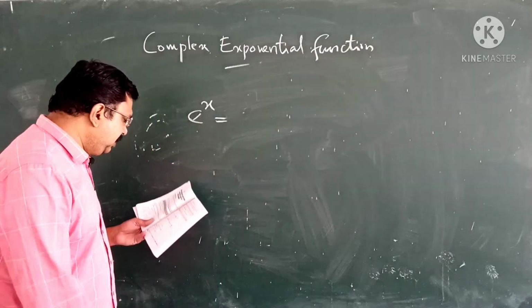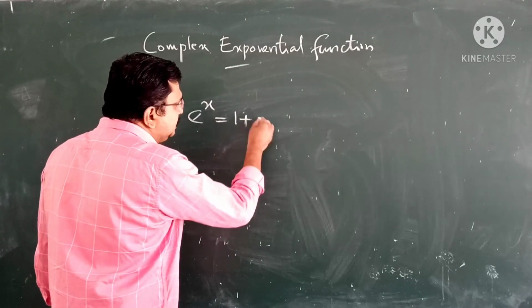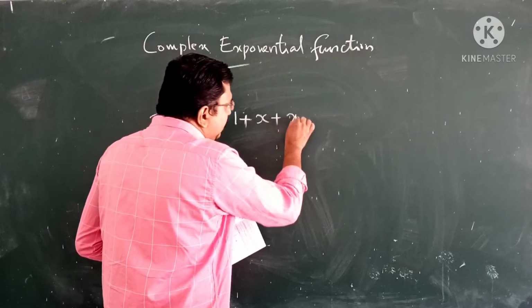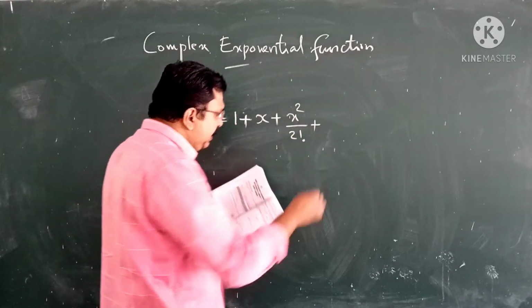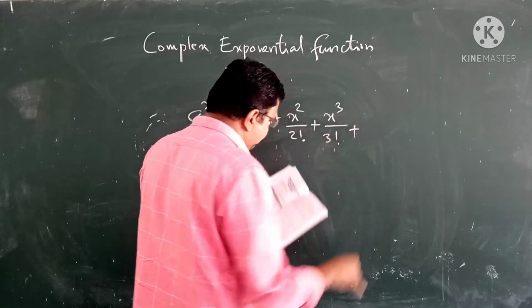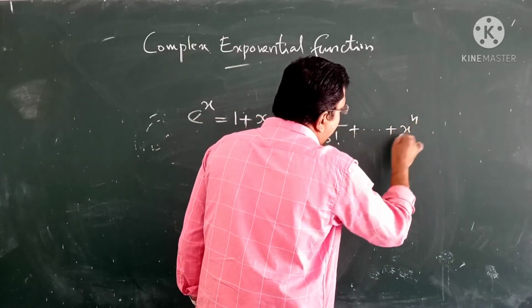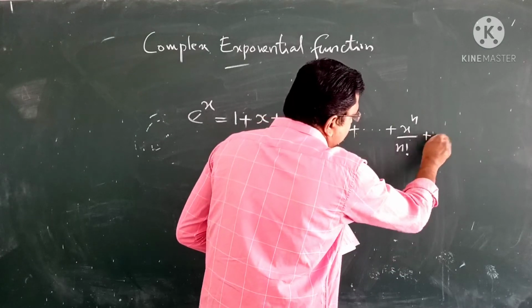Its value is e raised to x equal to 1 plus x plus x square by 2 factorial plus x cube by 3 factorial plus etc., x raised to n by n factorial plus etc.